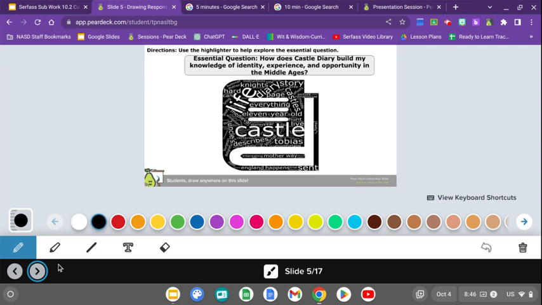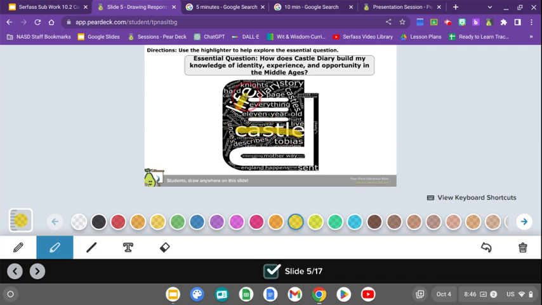This slide right here allows you to draw, highlight, make lines, type, or erase. Me, I'm going to set up a highlighter with a little bit of mustard yellow. And I'm going to take the time to highlight all of the biggest words. So some of the biggest words I got here are castle, life, diary.